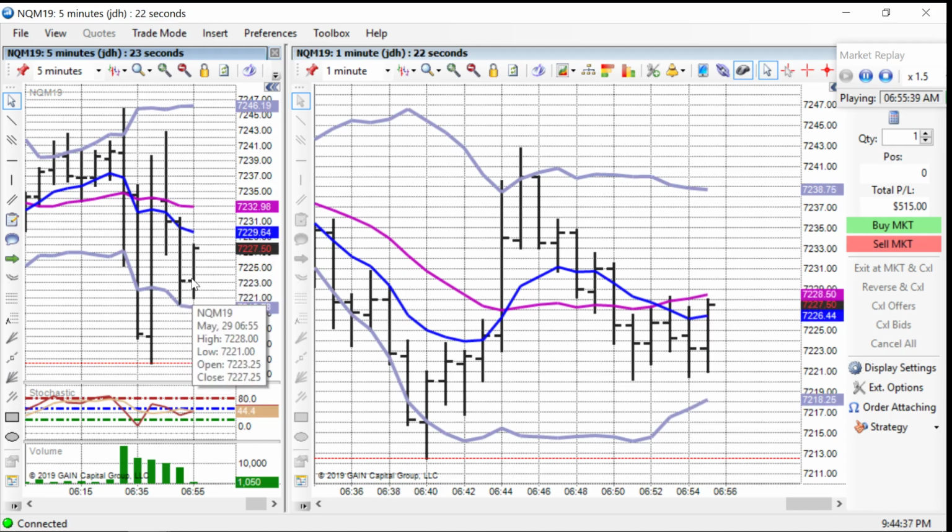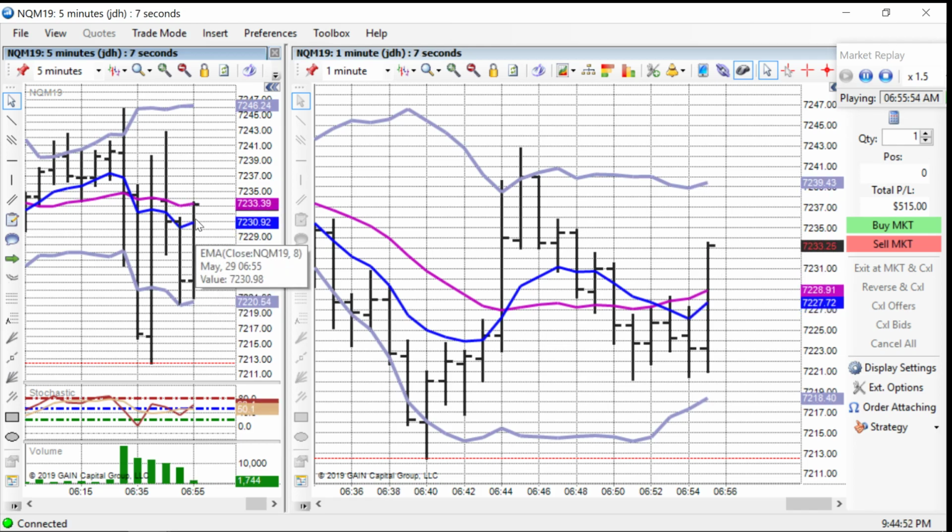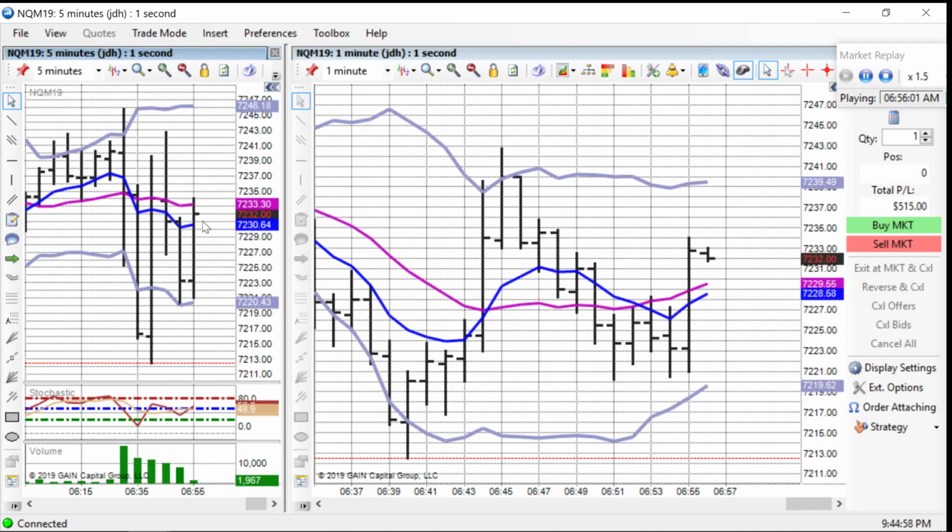See on these price bars where they're reversal bars, where the low is lower than the high here, I wouldn't want to enter in the short direction with the bar moving the opposite direction I want to trade. But I still know I've got to trade this side of the market because of where the 8 EMA line is. I just don't want to see it bending upward like that.